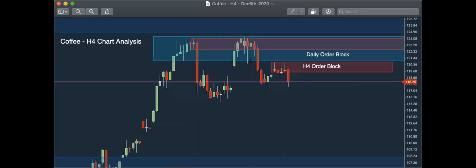And here we have coffee. This one is H4. So in this chart, you can see that we have an H4 order block.